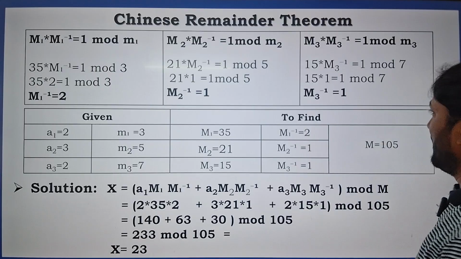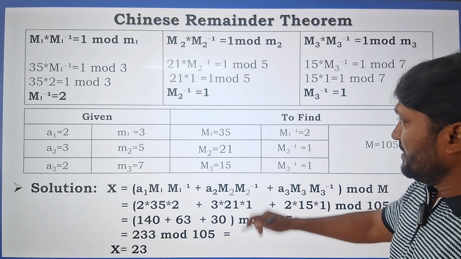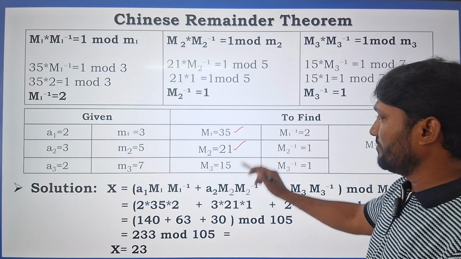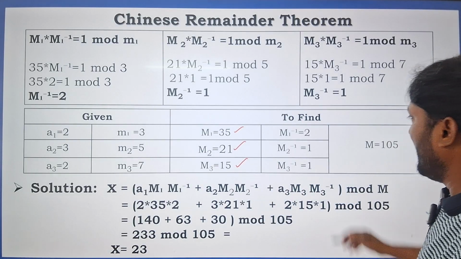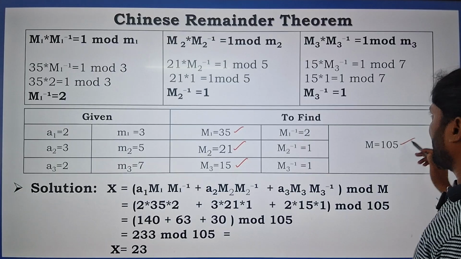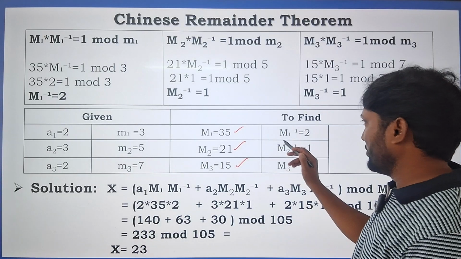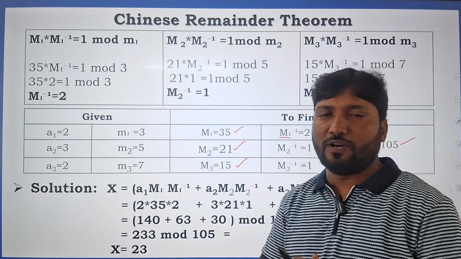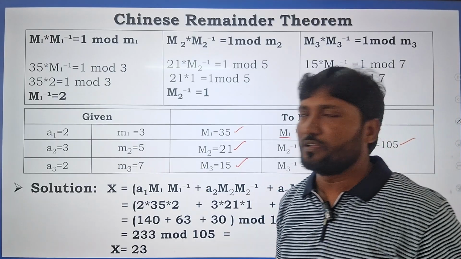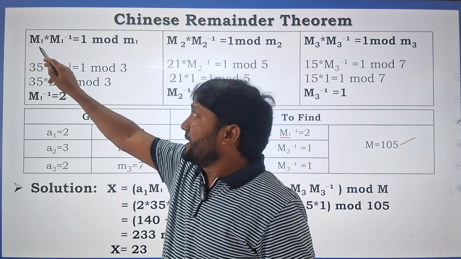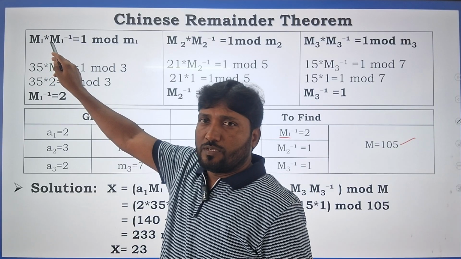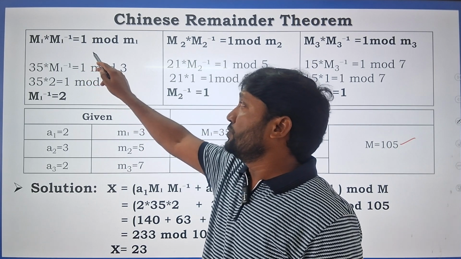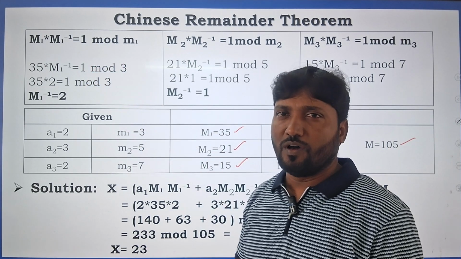Now, coming to here, we have already calculated capital M1, capital M2 and capital M3. Then we are going to calculate M1 inverse. There is a simple formula for that: capital M1 into capital M1 inverse equals 1 mod small m1.